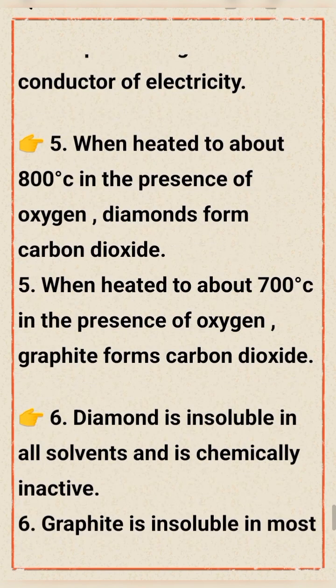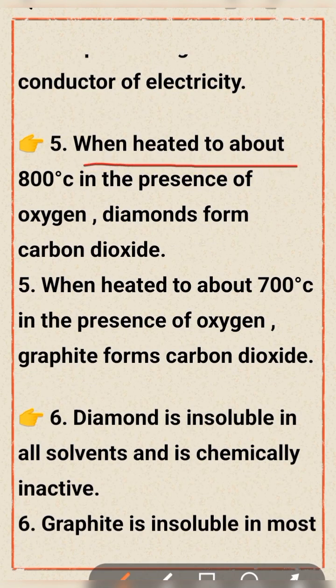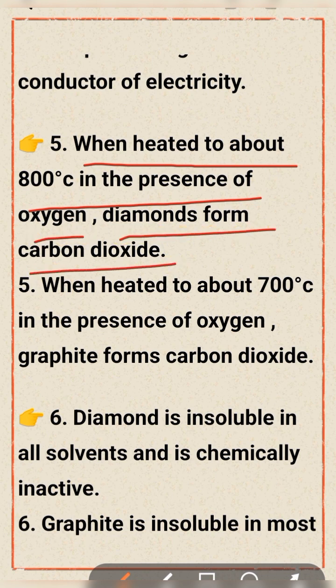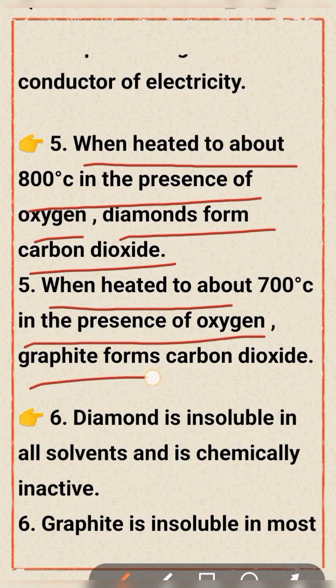Fifth point: when heated to about 800 degrees centigrade in the presence of air, that is oxygen, diamond forms carbon dioxide. But when heated to above 700 degrees centigrade in the presence of oxygen, graphite forms carbon dioxide.